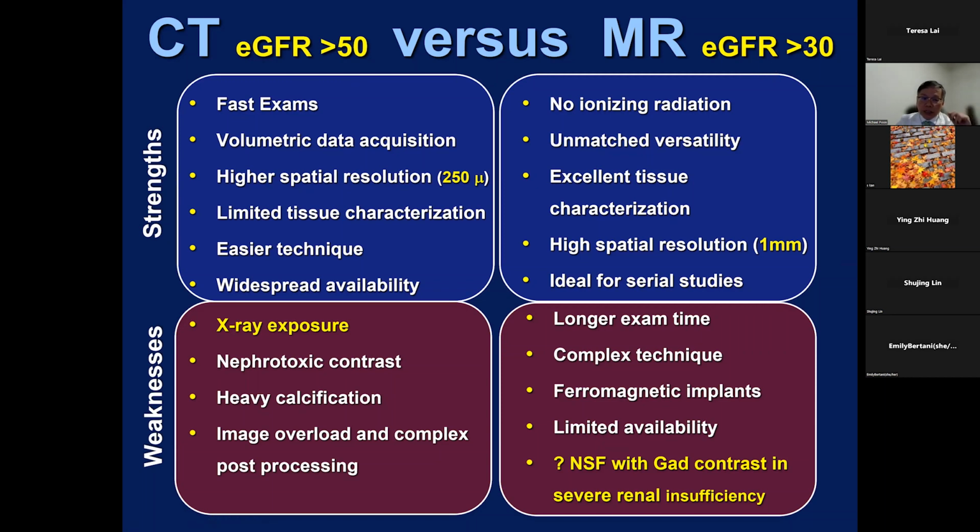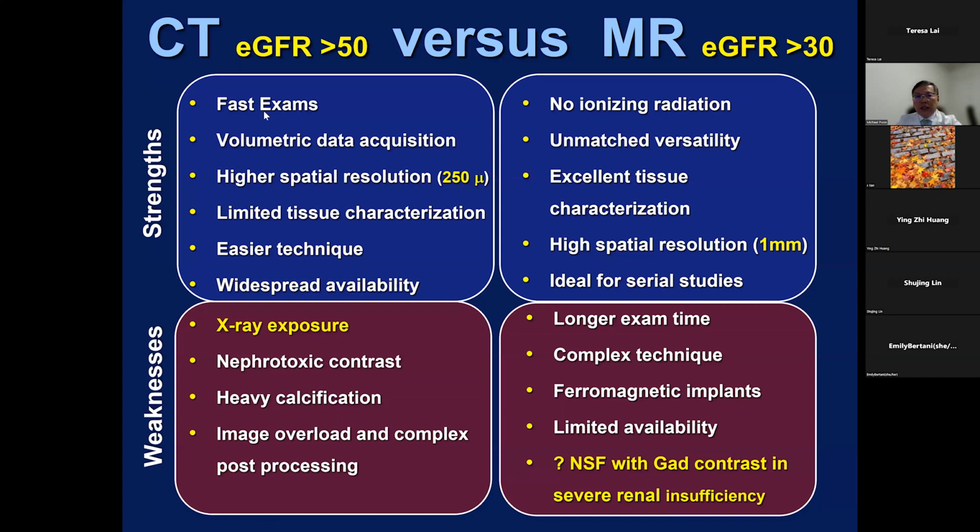If you want to use the gadolinium, which is the MRI contrast, you need an eGFR of greater than 30 because you don't want to cause NSF, which is a fibrosis of the skin in a small percentage of individuals who respond to the gadolinium contrast. And these patients typically have renal insufficiency.